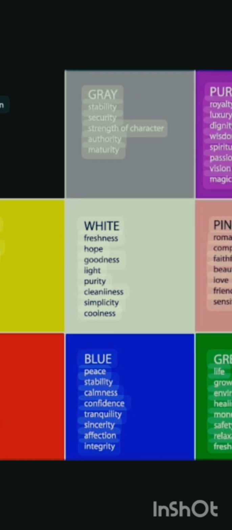Then talk about blue. Blue signifies peace. If you want to do something about community health practice and all the rest to avoid violence, you'll discover that blue is really suitable for that. As far as peace is concerned, it also signifies stability, calmness, confidence, tranquility, sincerity, affection and integrity.